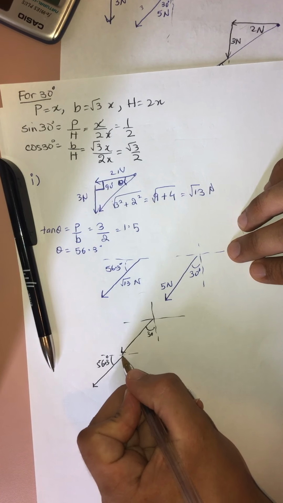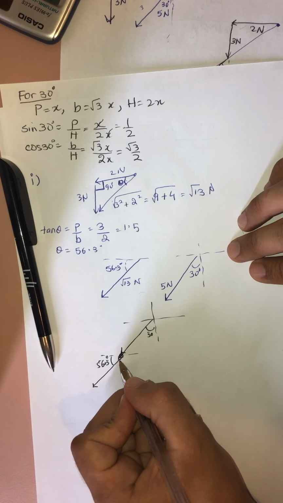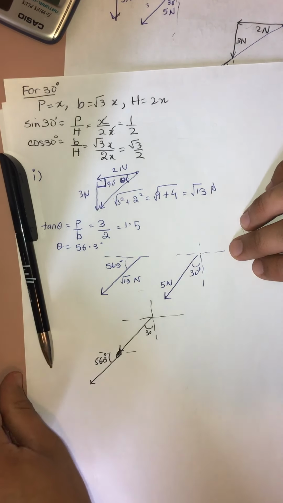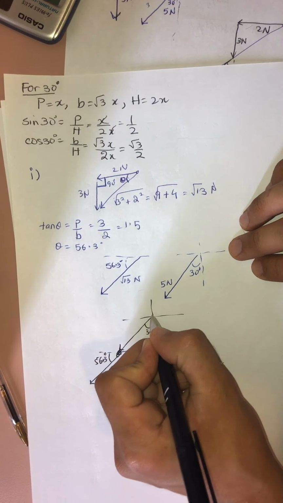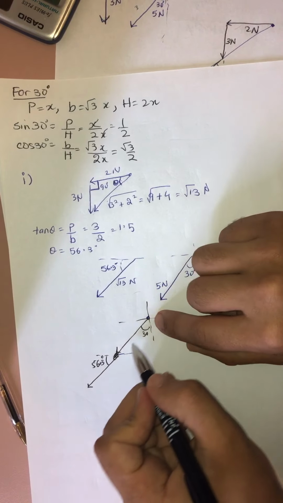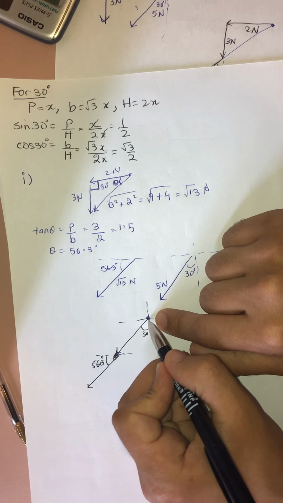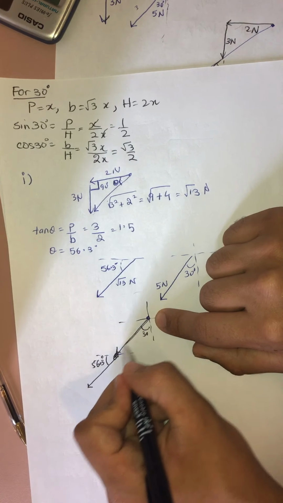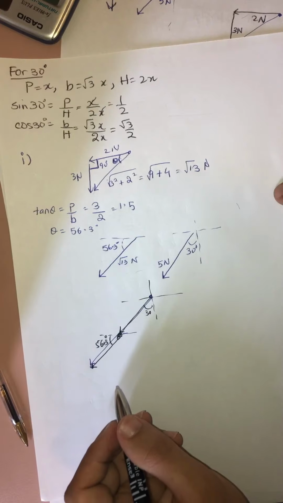Sorry for the drawing, it's a bit bad. Anyways, it should be something like this. The vector that starts from the tail of the first vector and goes to the head of the last vector will be your resultant vector.